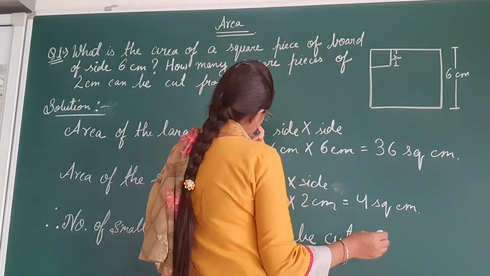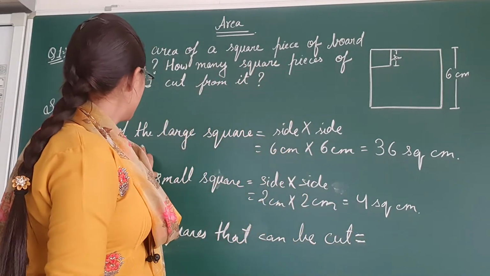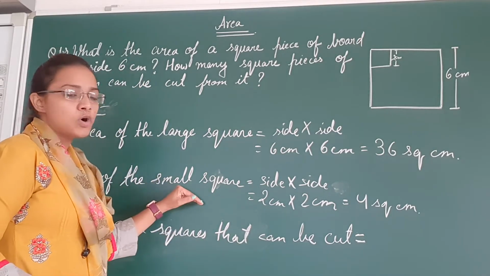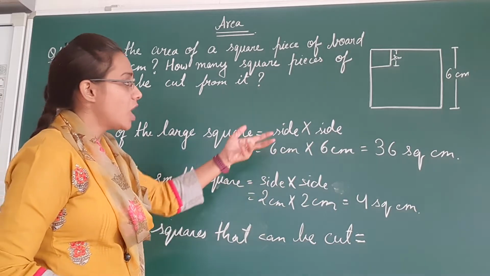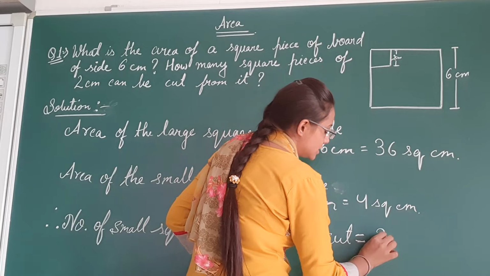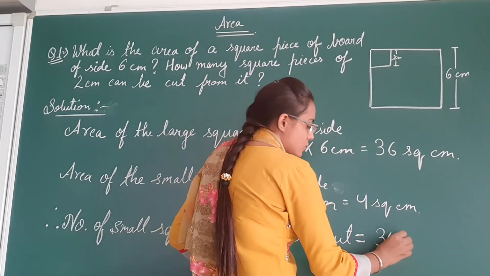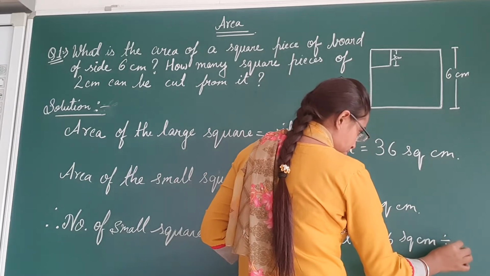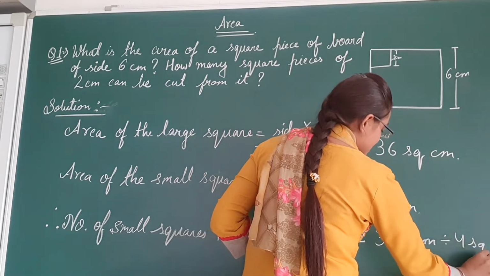We will divide the area of the larger square by the area of the small square. That means 36 square centimeter divided by 4 square centimeter.